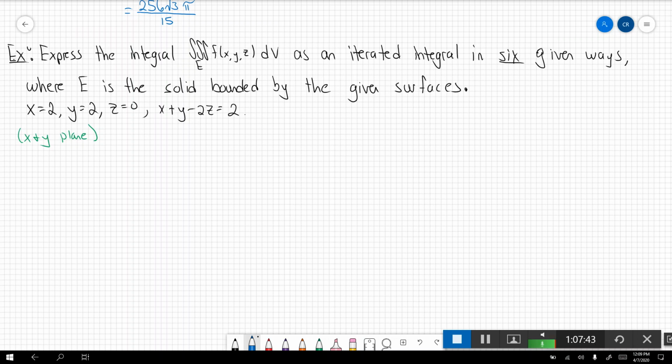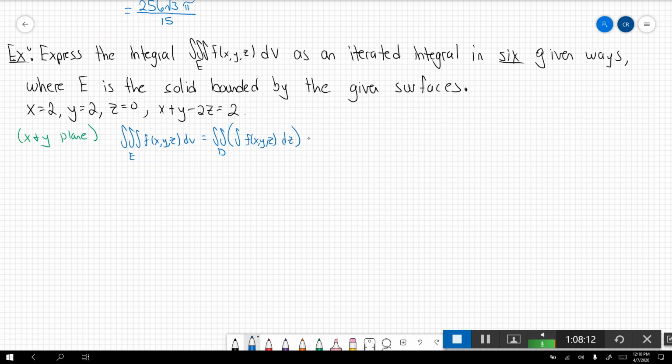Alright, so let's look at what this is going to look like. It looks like the triple integral over the region for this function f of x, y, z, dV. And I'm going to choose some domain that I want, and again that's going to be the x and y plane, and the innermost integral is going to be some z values that we are going to focus on.